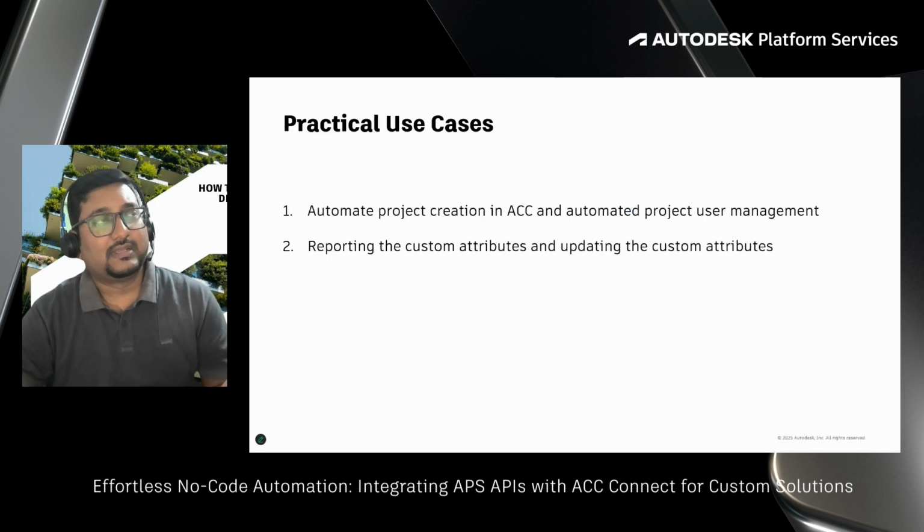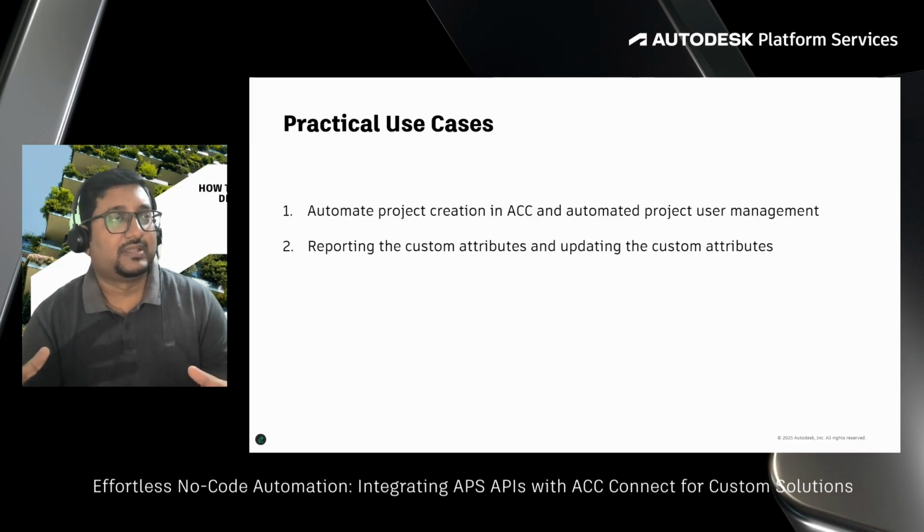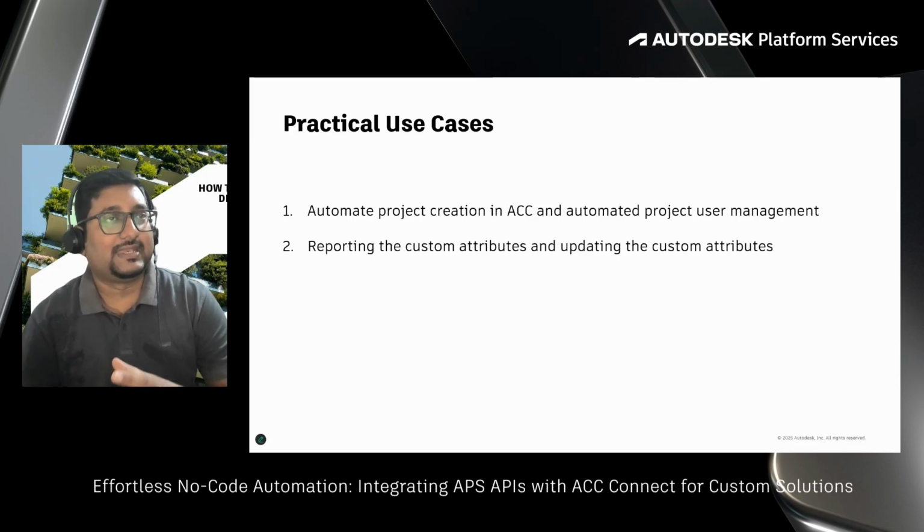Now, some of the other practical use cases which you can also look at: automating the project creation in ACC and automating the project user management. You can leverage the APIs to create an automated workflow for this. We saw the custom attributes. Now we just talked about getting the custom attribute definition, getting the custom attributes, but it could be a wider workflow where you can report the custom attributes in an external file like Excel.